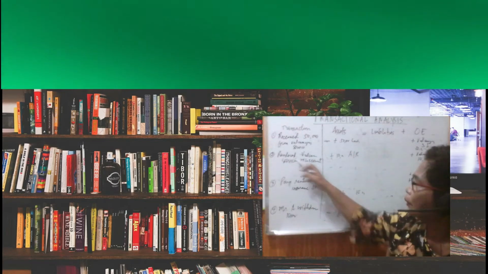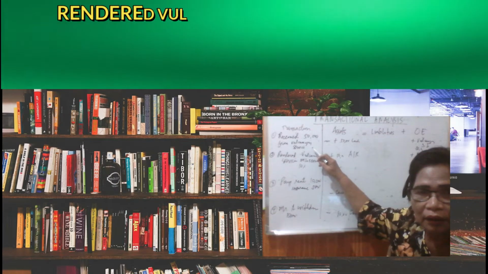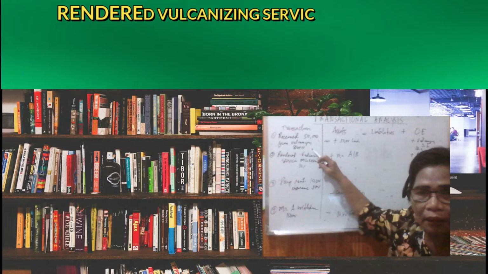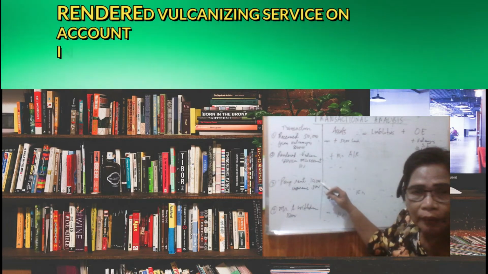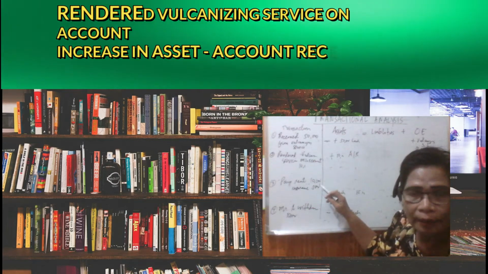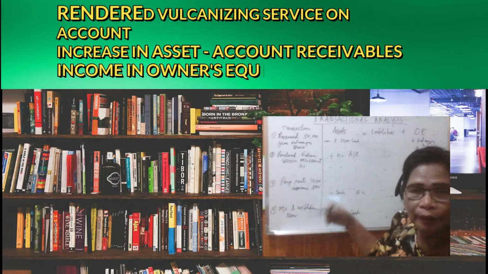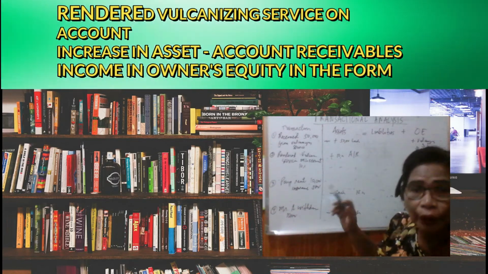Next one, rendered vulcanizing service on account. So this is similar to the fifth transaction, but this time the owner did not receive any cash, but he allows the customer to be served on account.